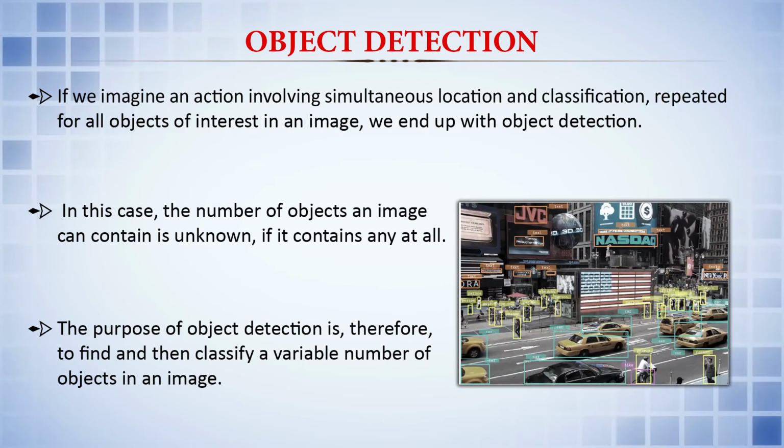I will show you one example here. In this particular object detection, you can see each and every person, road, and hoarding. There are several kinds of things it is trying to detect, like a car, a road, a footpath.